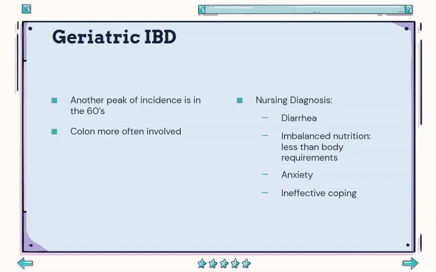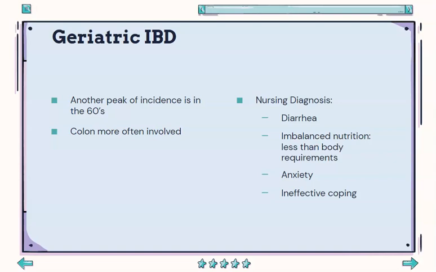In these cases, the colon is more often involved as opposed to different parts of the GI tract. They're still going to have diarrhea. They're going to be significant for imbalanced nutrition.